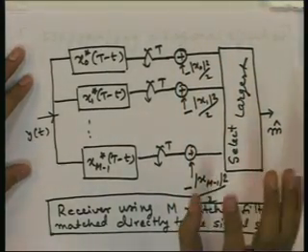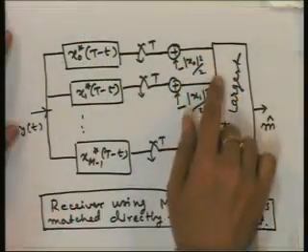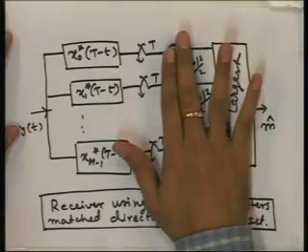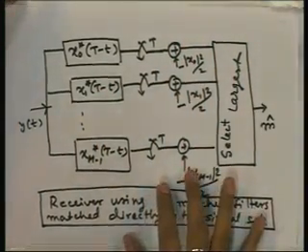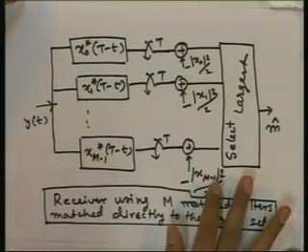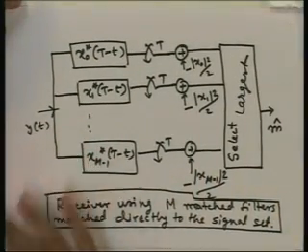So, for FSK we can say that we can simply take this, but we need not have these additions. So, it is a simpler structure.